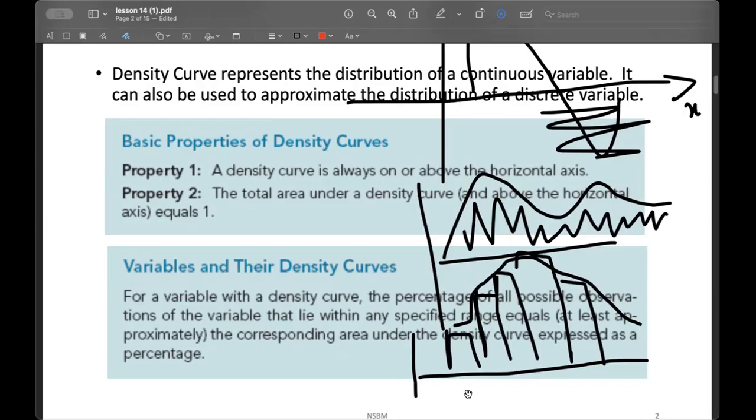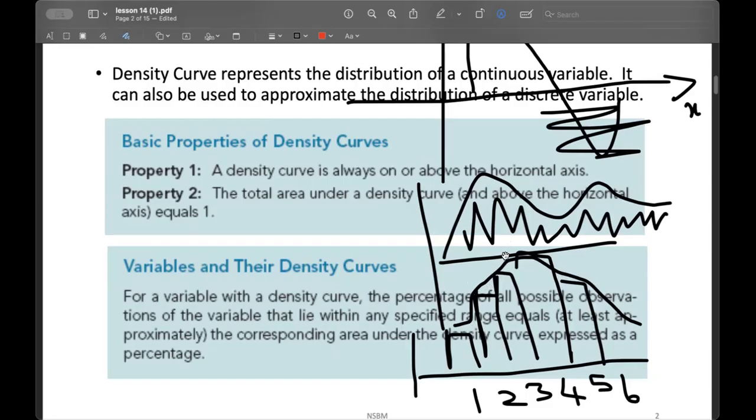Now, these are the possible values. For example, let's assume we are rolling a dice. What are the possible values? It can be 1, 2, 3, 4, 5, 6.